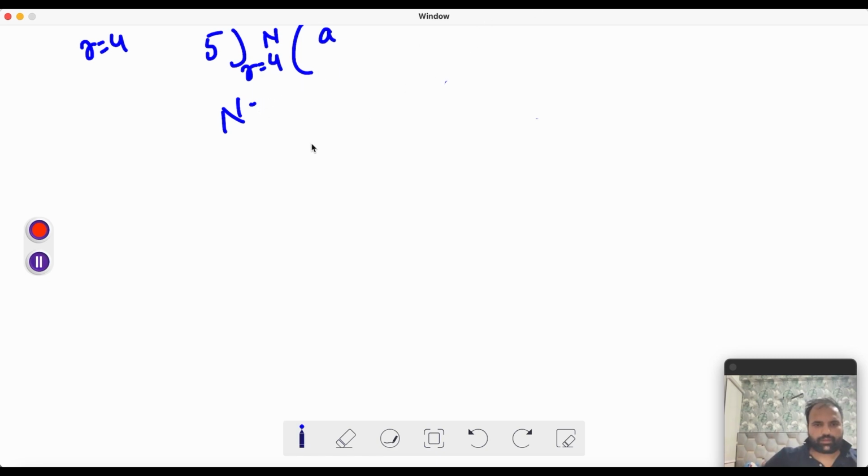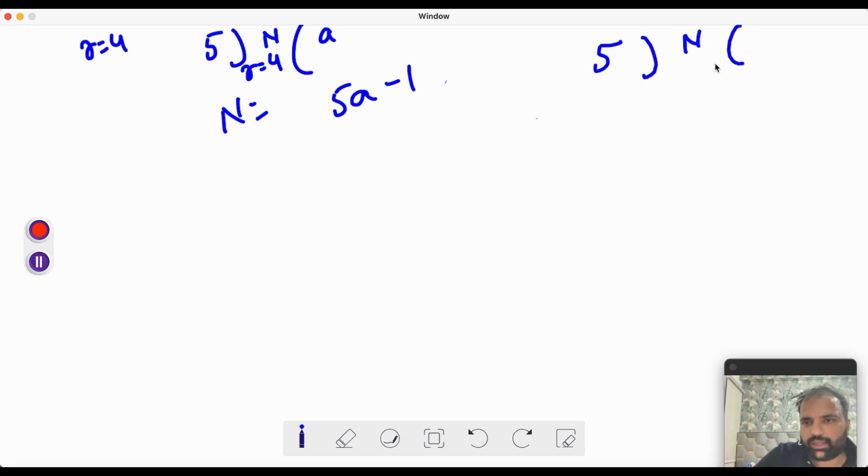So we can write 5 into A, minus 1. Now you will say, where did this minus 1 come from? Okay, now we are dividing something by 5 wherein we are getting remainder as 4. So what is it? It is 5 minus 1.